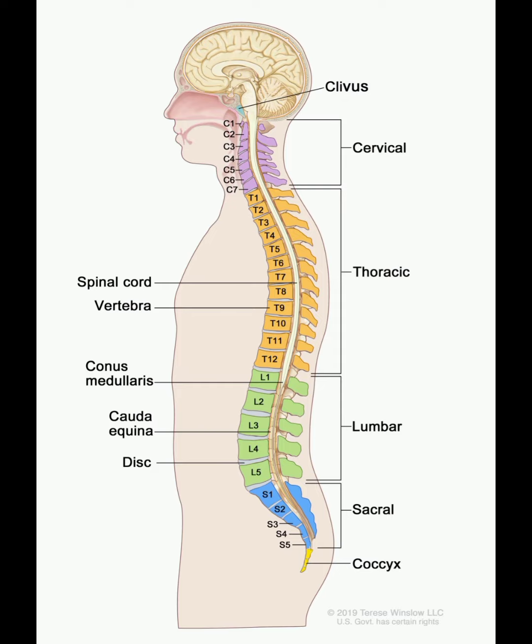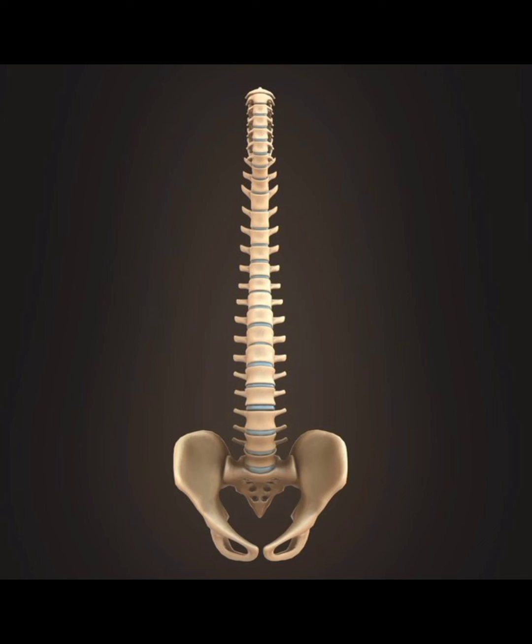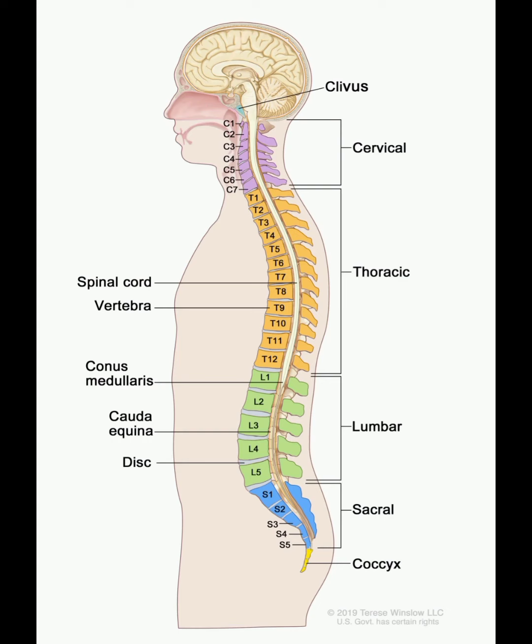The vertebral column is formed of 33 vertebrae in all: cervical vertebrae, thoracic or dorsal vertebrae, lumbar vertebrae, sacral vertebrae, and coccygeal vertebrae. These are included in the vertebral column.